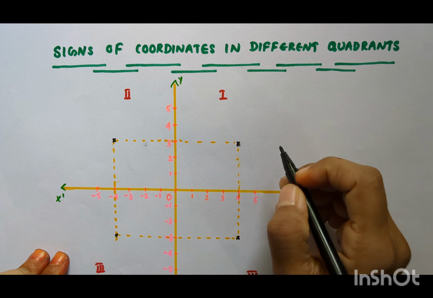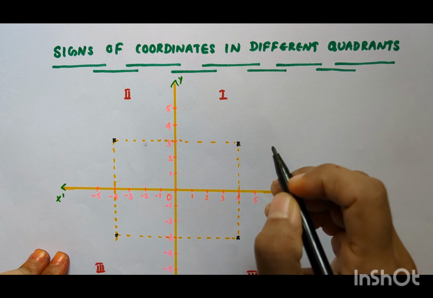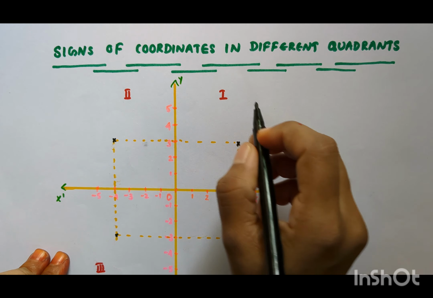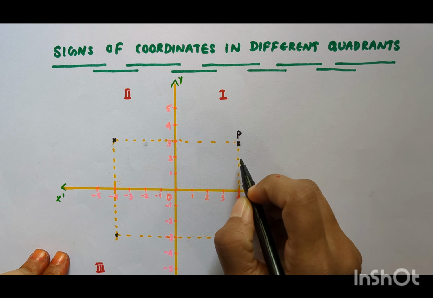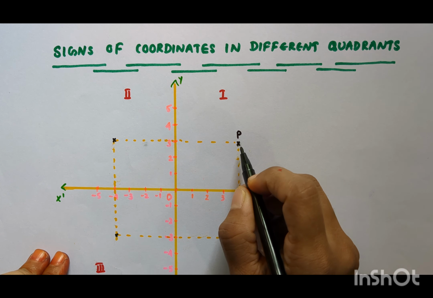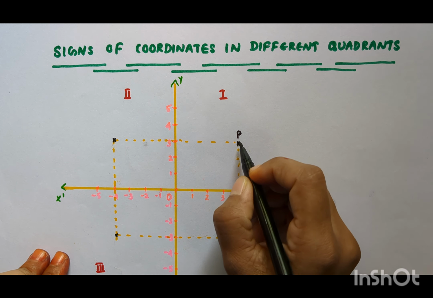Now, let us see how to determine the signs of the coordinates of a point in a quadrant lying in the xy plane or Cartesian plane. Let us consider the first quadrant. I am considering this particular point P here, and I want to write its coordinates with the signs as well. This point P is lying in the first quadrant.